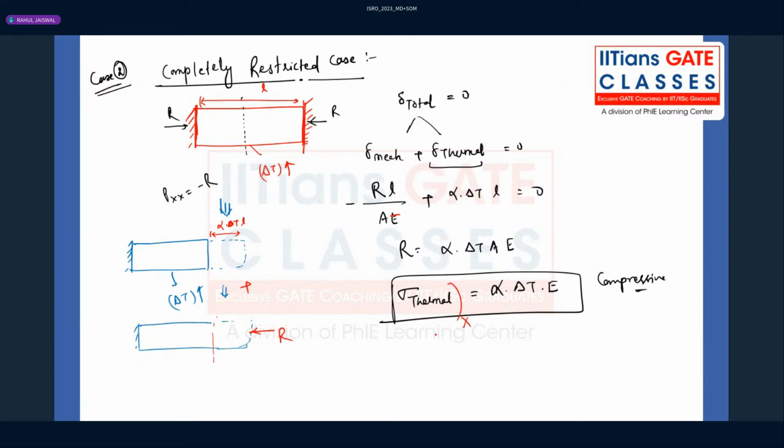In the y and z directions, if there is no support, then the y and z direction stress will be zero. But whatever thermal deformation happens here, the thermal strain in the x direction will be what? The total deformation is zero, but the thermal strain will be there in the x direction, that is alpha into delta T.